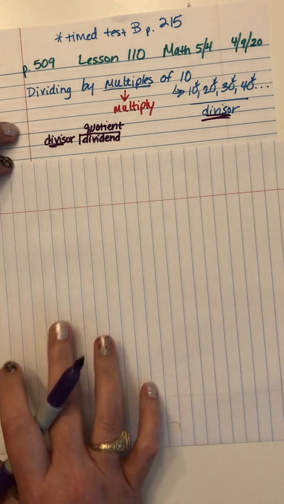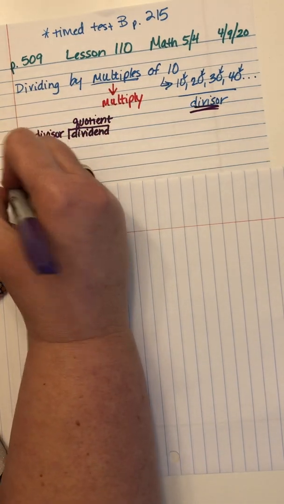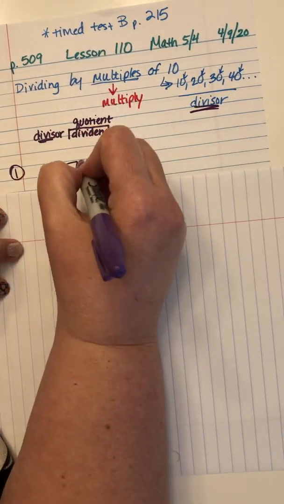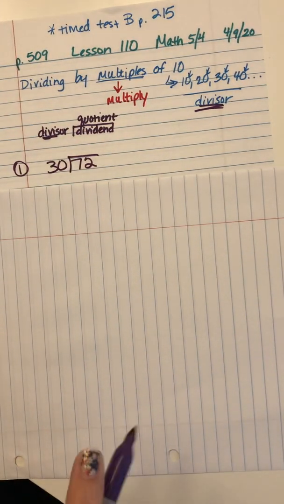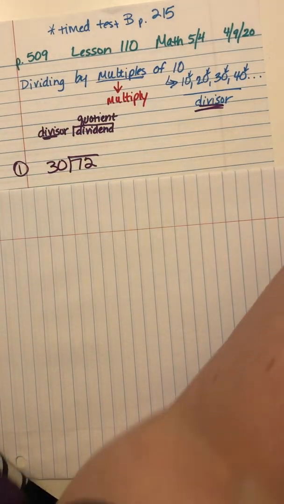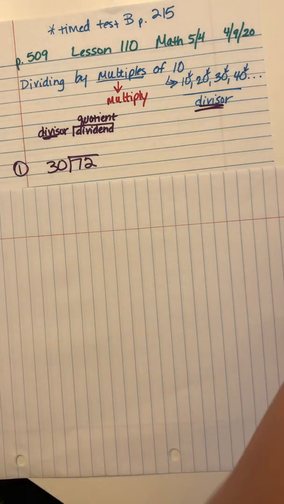Our first example I have is 72 divided by 30. Now, in class, if you remember, I would use sticky notes to cover up some numbers. So I'm going to do that. I'm going to have to tear my sticky notes to be a little thinner, because I only have the big sticky notes, so kind of improvise.